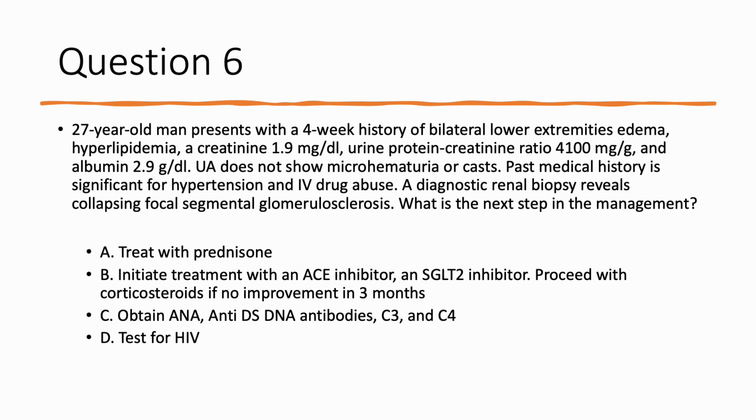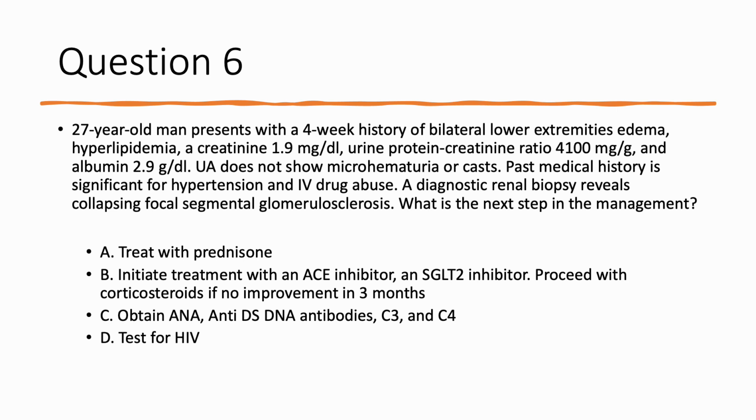Albumin is low, 2.9 gram per deciliter. Urinalysis does not show microhematuria or casts. Past medical history is significant for hypertension and IV drug abuse. A diagnostic renal biopsy reveals collapsing focal segmental glomerulosclerosis. What is the next step in management?